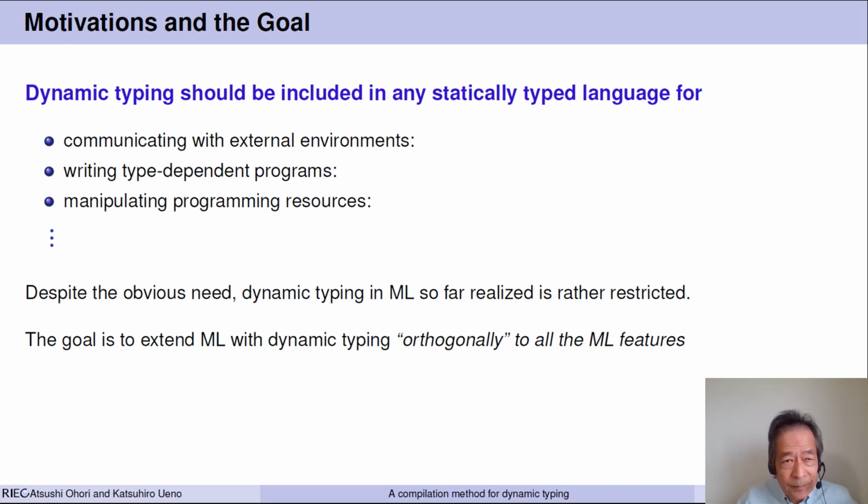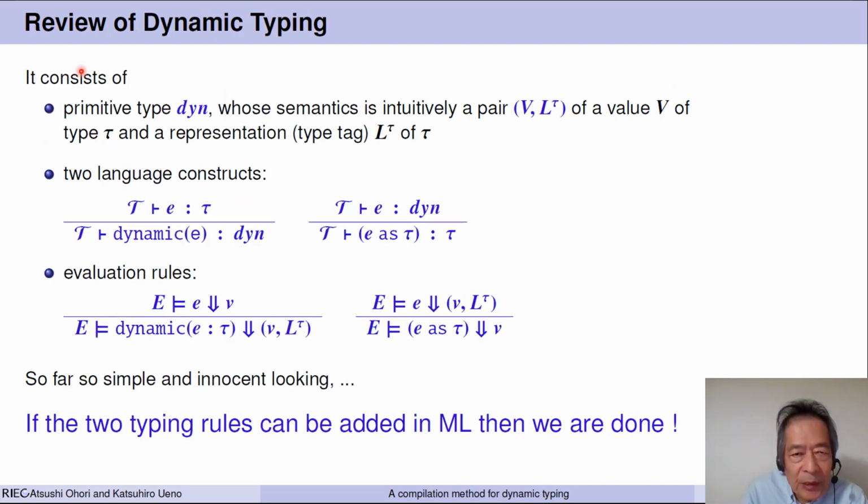Before that, let me review dynamic typing, which consists of primitive type Dyn, whose semantics is intuitively a pair of a value of type tau and a representation of tau, and two language constructs of this and this, which should be familiar, and the associated evaluation rule.